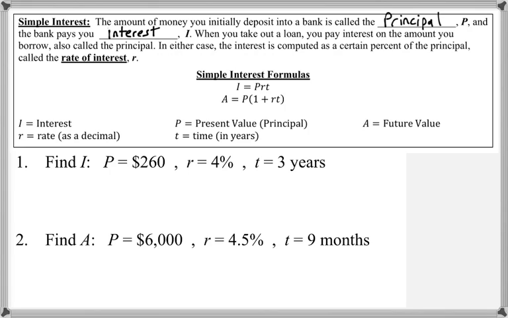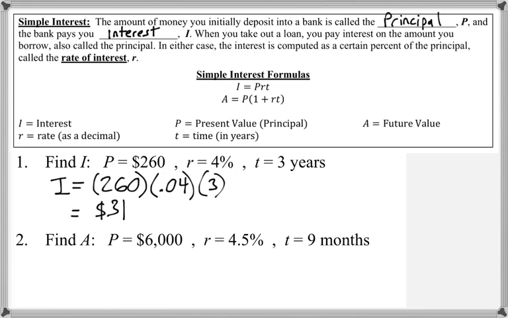So I'm going to use this top formula, and I is equal to 260 times 0.04, which is 4% as a decimal, times 3. And I get $31.20.